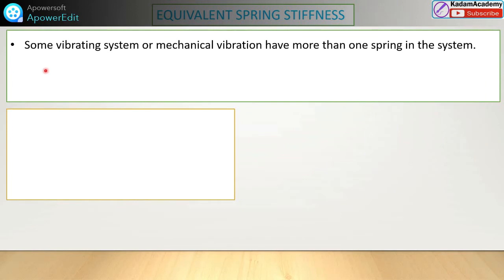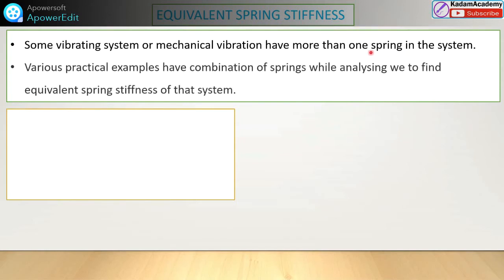In some vibrating systems, as we have already observed in one example application, mechanical vibration or any vibrating system can have more than one spring. Various practical examples have combinations of springs. While analyzing, we have to find the equivalent stiffness of that system.